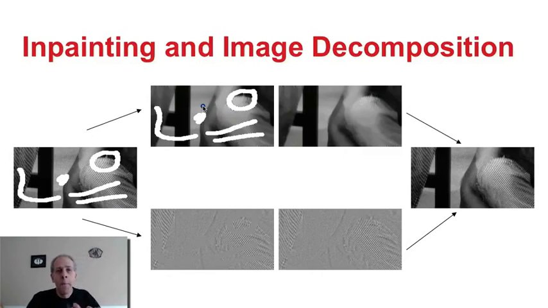One is piecewise smooth. It has no granularity, no texture at all. And the other is where all the texture has gone. Now you inpaint the structure part with the techniques I just mentioned to you.